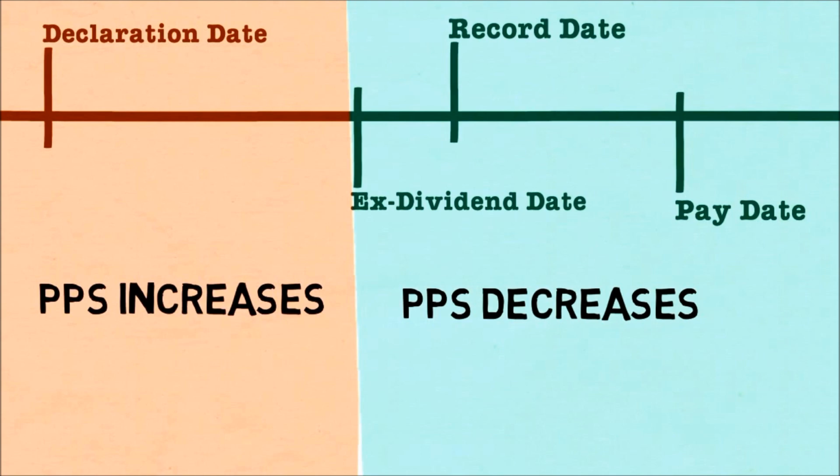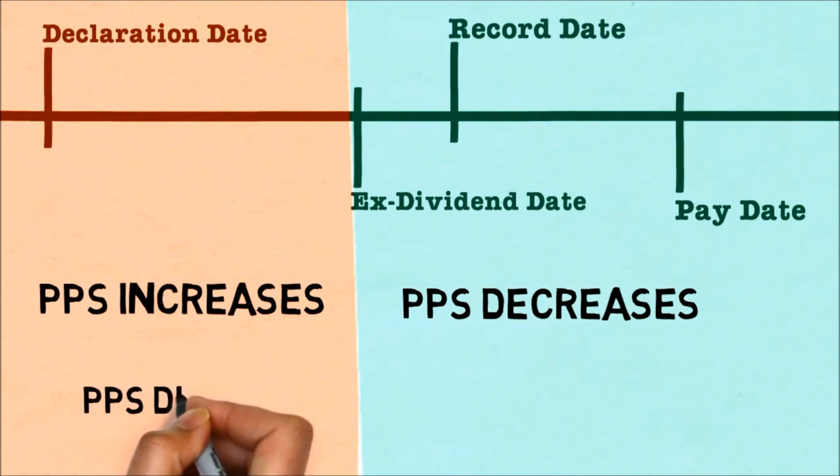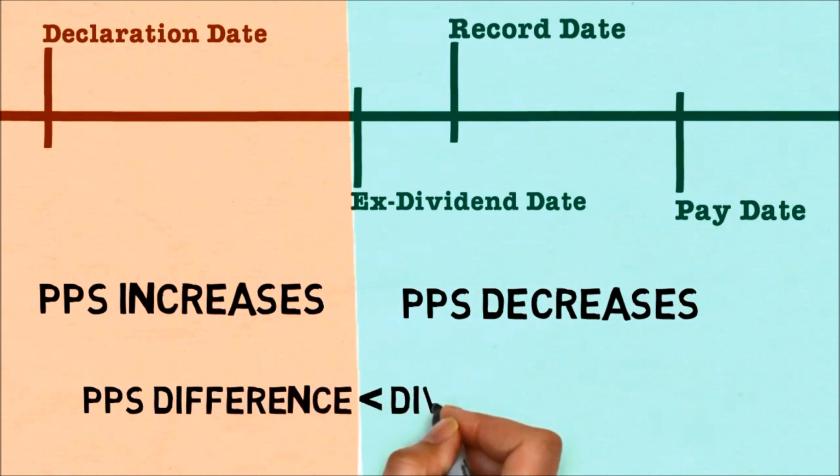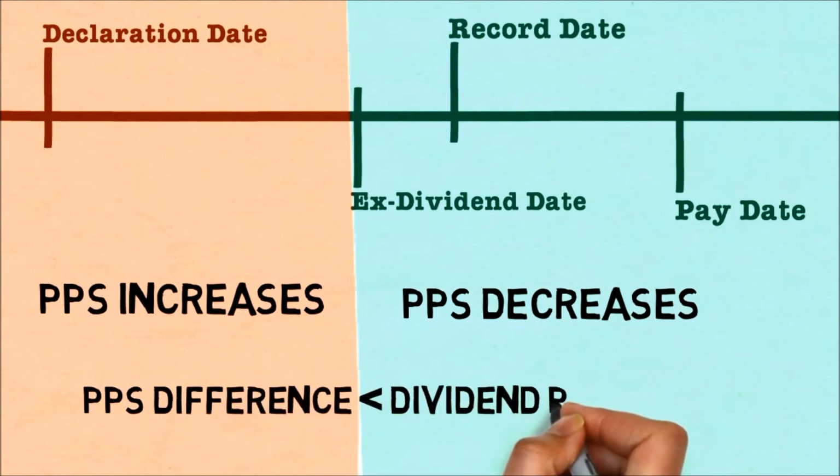So the price per share either has a tendency to increase before the ex-dividend date or decrease on and after the ex-dividend date. The whole premise of that strategy is that you don't think the fluctuation in price will be as important as what you will receive in the form of dividend.